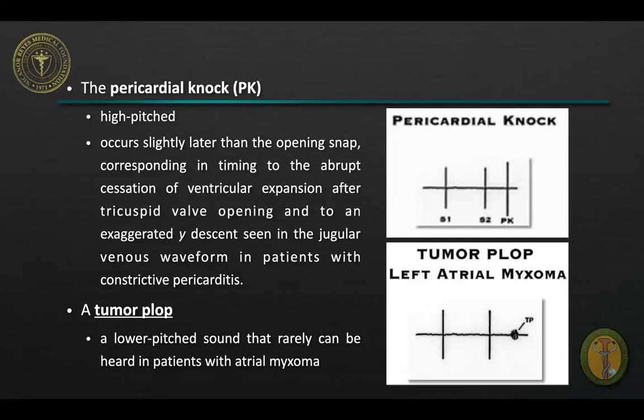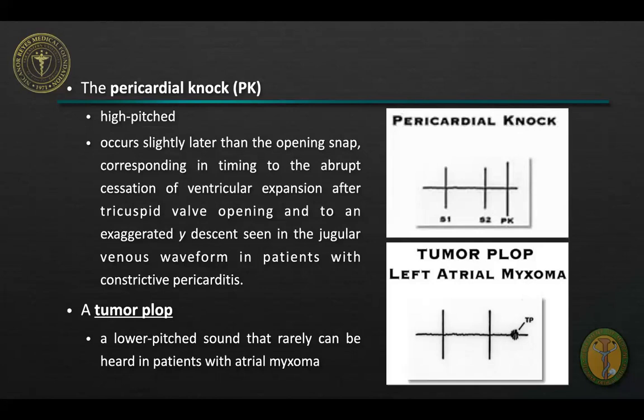Another heart sound is the pericardial knock. It is high-pitched and occurs slightly later than the opening snap, corresponding in timing to the abrupt cessation of ventricular expansion after tricuspid valve opening and to an exaggerated Y descent seen in the jugular venous waveform in patients with constrictive pericarditis.